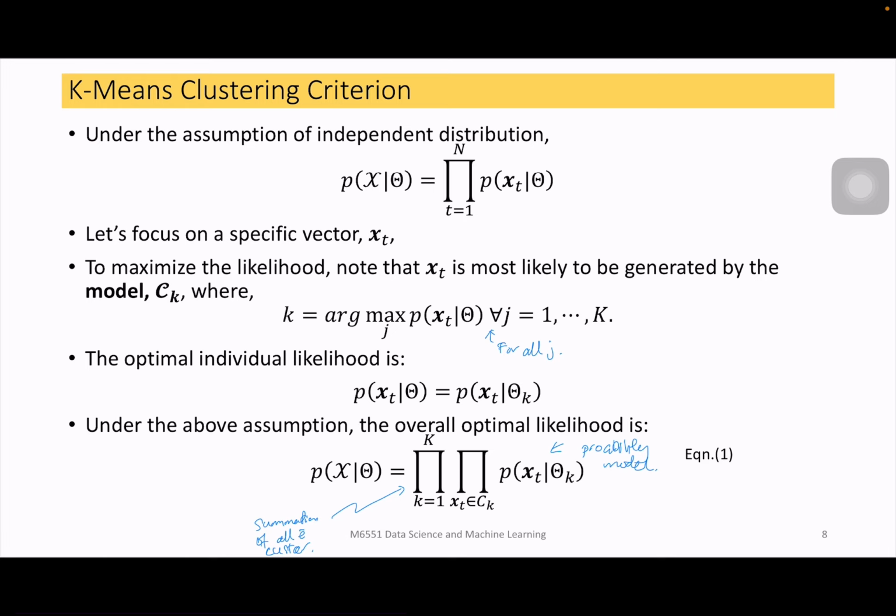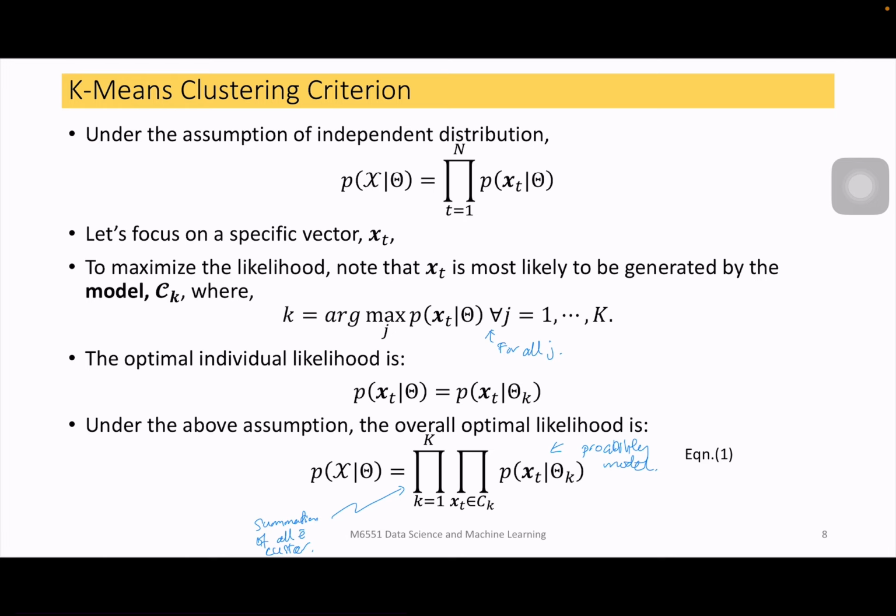Note that xt is most likely to be generated by the model Ck, where k is the argument maximum of p(xt | theta j) for all j from 1 to k. So the ultimate individual likelihood p(xt | theta) equals p(xt | theta k).